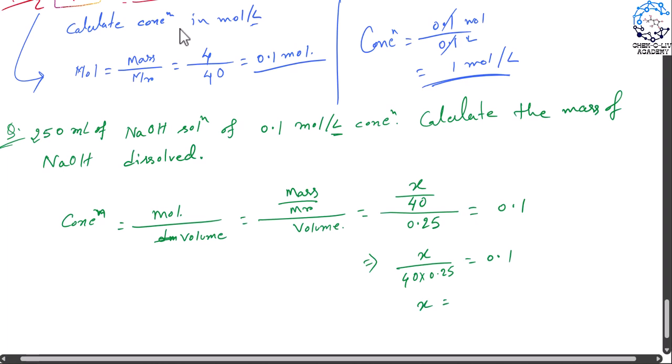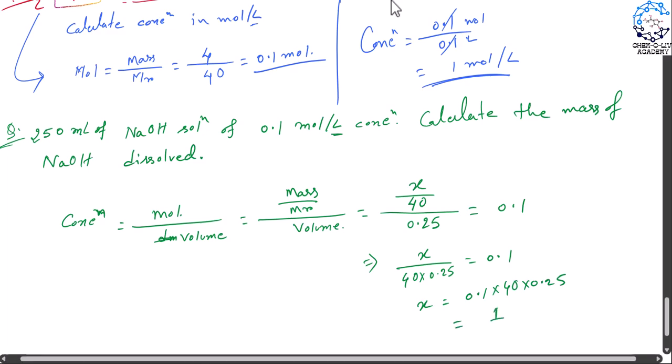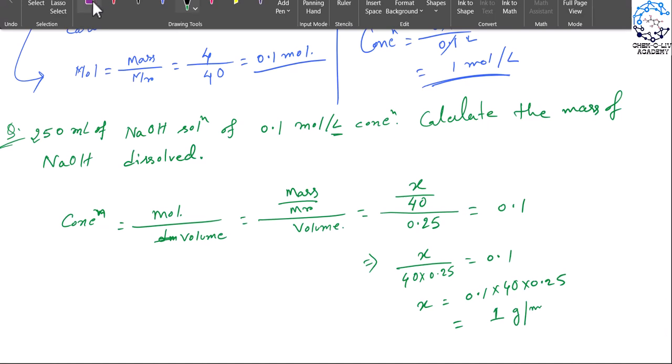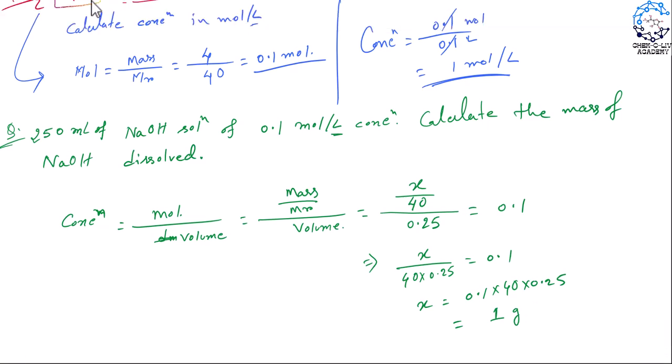So X will be equal to 0.1 times 40 times 0.25, which is again 1. So 1 gram, sorry, 1 gram is the answer for this question. Okay, so this is how we are going to measure the concentration.